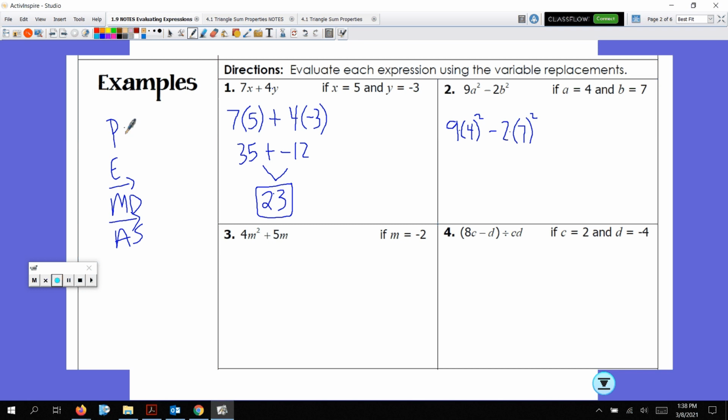Well, I can't really do anything with the parentheses, but I can do something with the exponents. That's next on my list. So 9 times 4 squared is 9 times 16. Minus 2 times 7 squared, which is 2 times 49.